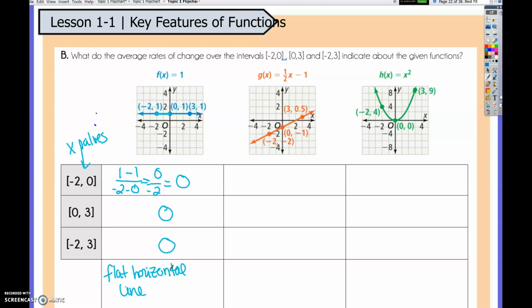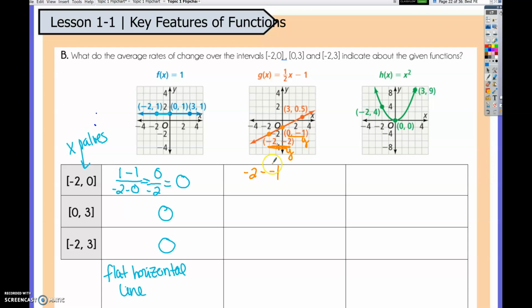Now, for our orange graph here, we want to find the average rate of change from negative 2 to 0. So here's our negative 2, here's our 0. We're going to use our x and our y value. So I'm going to start with this bottom point first. I'll take negative 2 for the y value minus negative 1. There's my y values I'm using.